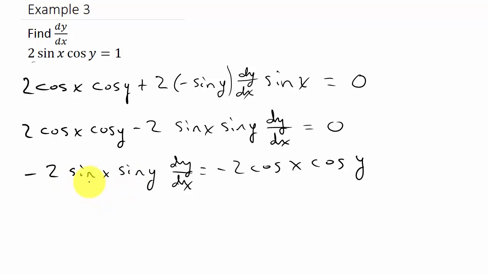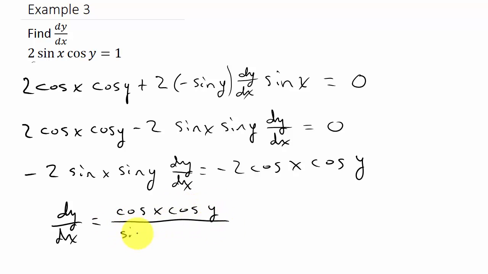And then I'll divide both sides by negative 2 sine x sine y, and that'll give me dy/dx by itself. So dy/dx is equal to cosine x cosine y over sine x sine y, and the negative 2's cancel out.